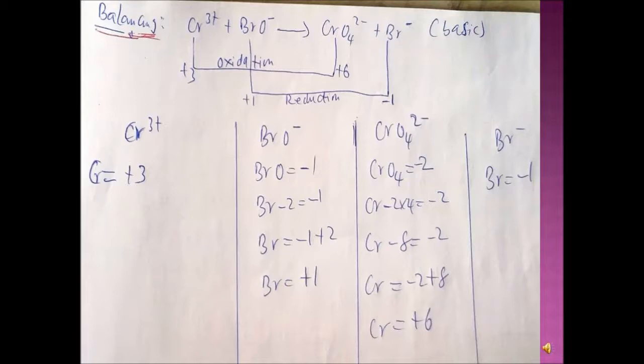After getting this, we have discovered that it is chromium that got oxidized, while BrO- got reduced, because from Br +1 to -1, that is reduction, and from Cr +3 to Cr +6, that is oxidation.